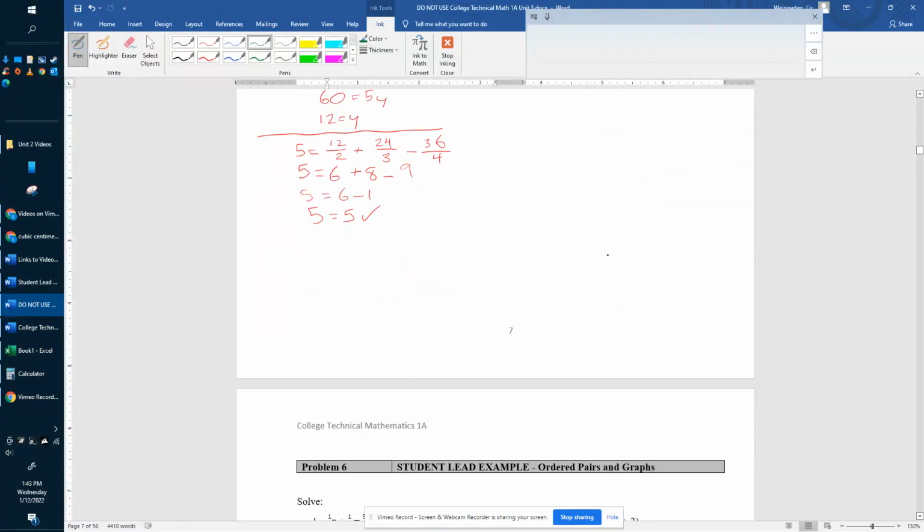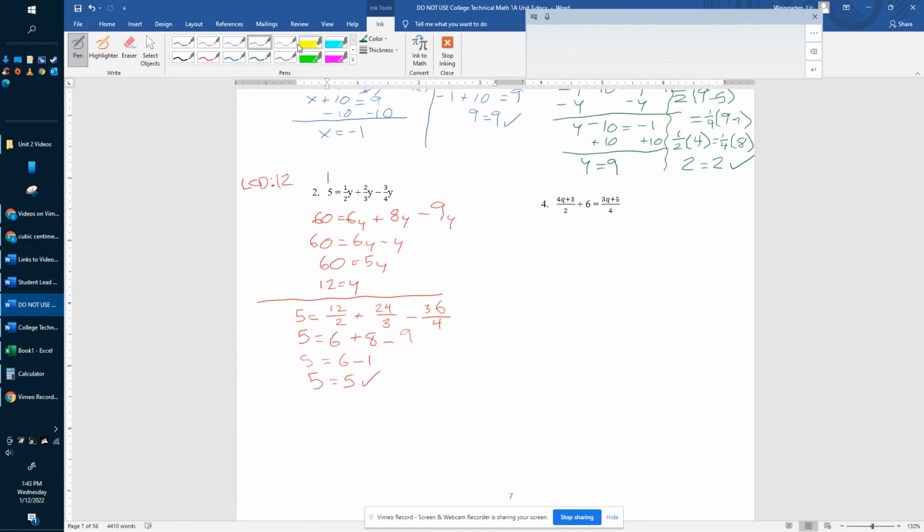All right, last problem before you start working on your own. We are going to look at problem number 4. Now, we have to look for our LCD again. We have a 2 and we have 2 2's. So the LCD has to have 2 2's. Our LCD is going to be 4.